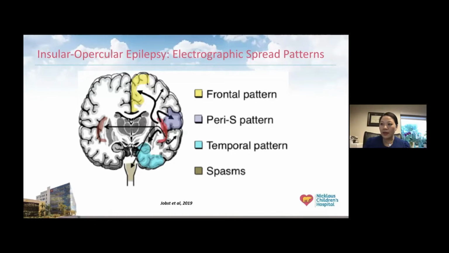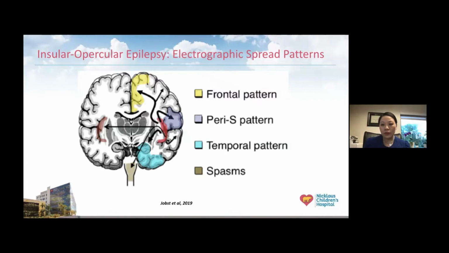But in addition to that, it can also manifest in a temporal-like spread pattern with symptoms that include altered awareness and oral elementary and manual automatisms. It can also spread in a frontal pattern and include hyperkinetic behaviors or tonic motor signs, and even epileptic spasms. Insular seizures can also spread to the contralateral hemisphere quite quickly because it's considered a deep structure.